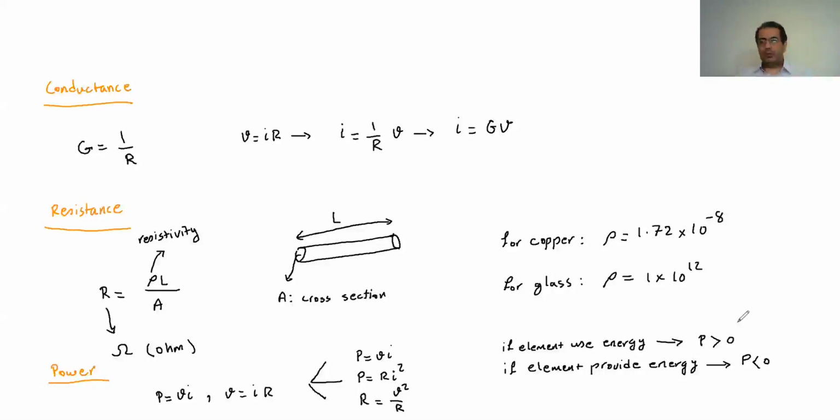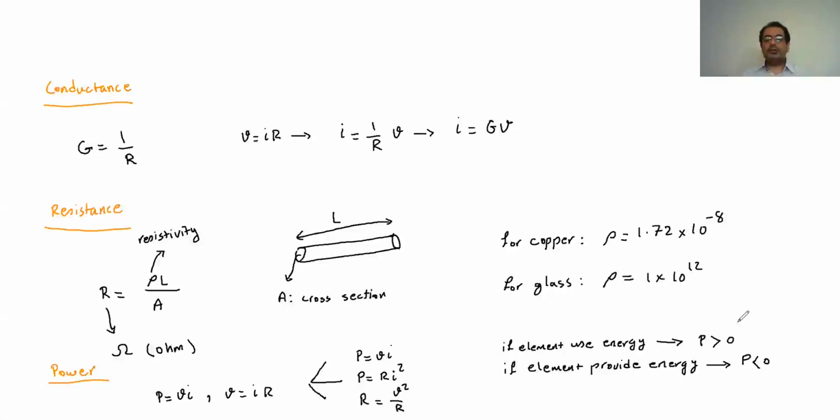The lamp does not provide any energy to you, it just uses the energy. Or the toaster, when it's on, says, for example, 1000 watts, it means that it used that much energy, because it is a resistor. So remember, for the resistor the power is always positive because the resistor always just uses the energy. It always absorbs the energy.